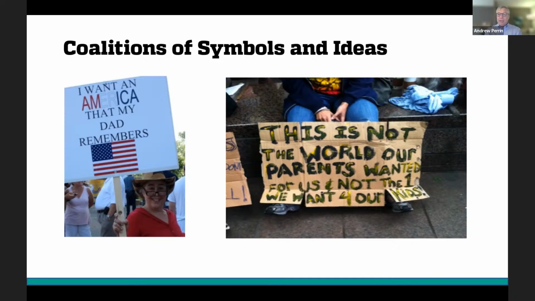Both of them are engaging in a kind of nostalgia about the world that parents wanted or parents remembered, right? So maybe other than the iconography of the American flag on the left, it's actually impossible to take these claims and identify them as being conservative or liberal or right-wing or left-wing claims on their own.